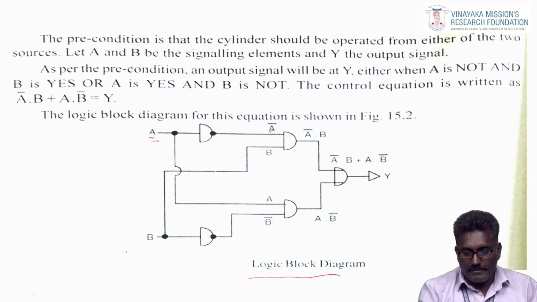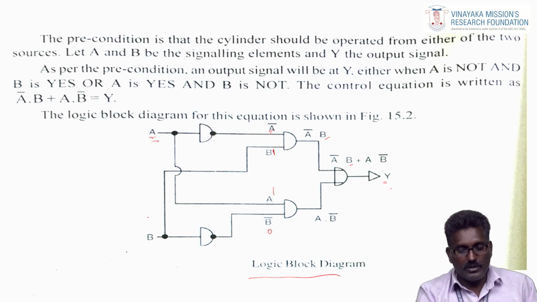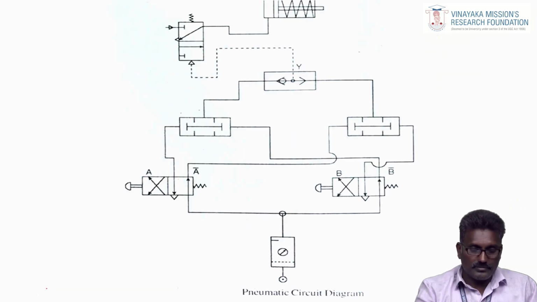But when you press here, the A signal is coming here, and A or B, anyone is there, it produces output Y. Or you press B, B is 1, A is 0, and it produces output Y. Whether you press A or B, it is the electronic logic circuit given here.